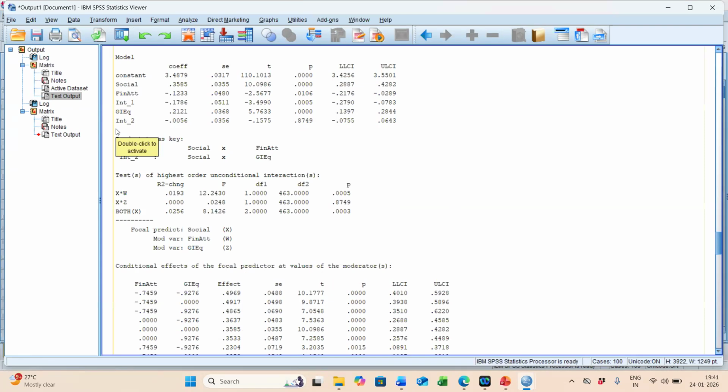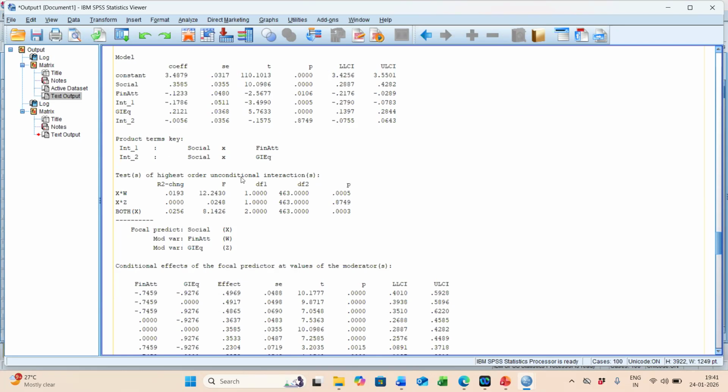Interaction between gender equality and socialization, the effect is minus 0.005, and it is not significant because the p-value is greater than 0.05. That is not at all significant. It is very close to 1. Okay. So we have a rough idea regarding what all variables are significant, what are not significant.